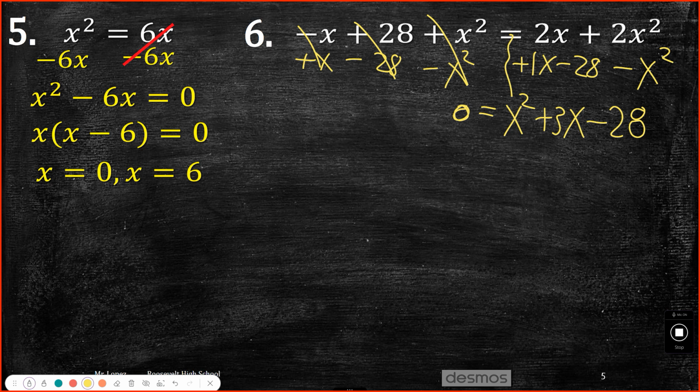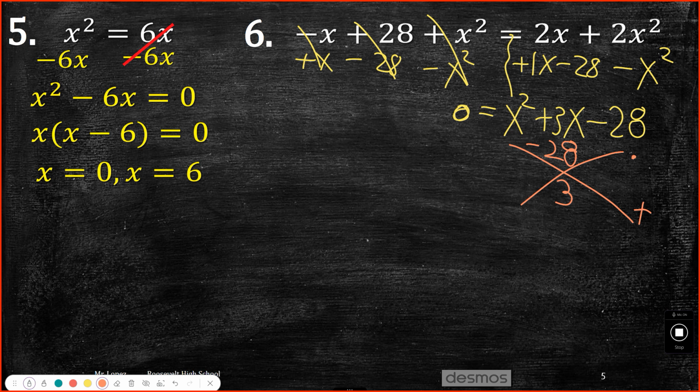And now we can do the x here. What goes at the bottom of the x? 3. And what goes on top? Negative 28. And we want to get two numbers that multiply to negative 28 and add up to 3.